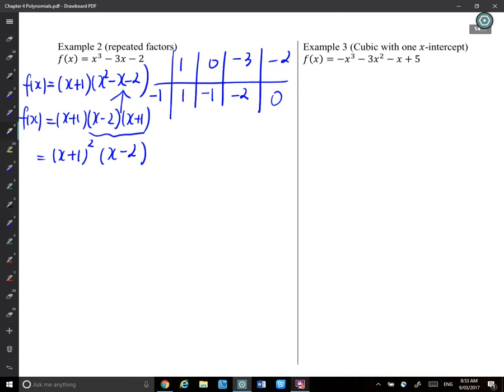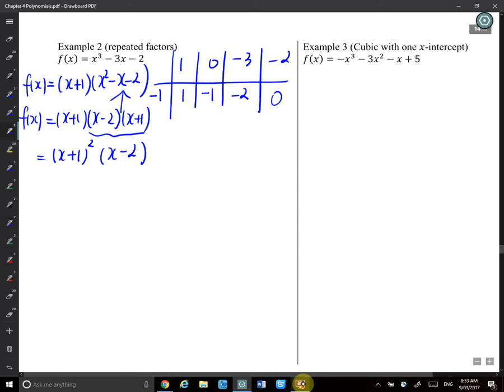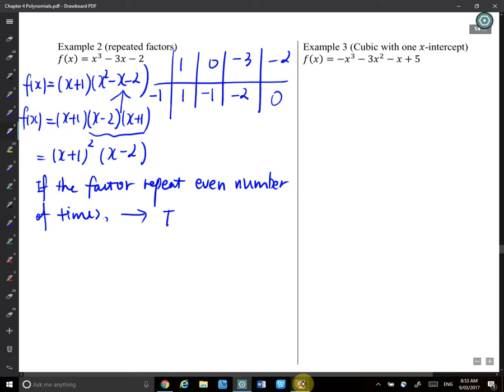So if you have a repeated factor, if the factor repeats an even number of times, so repeats 2 times, 4 times, 6 times, 8 times, that becomes a turning point.